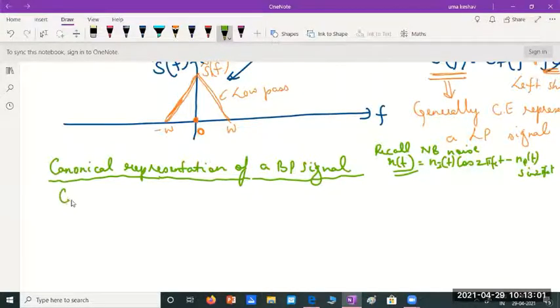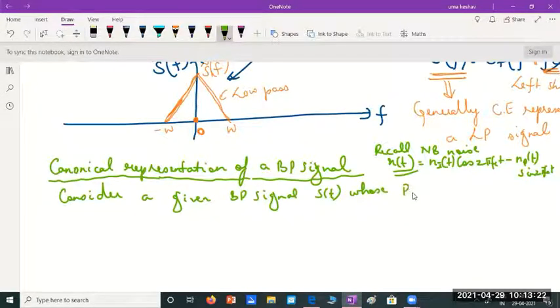So consider a given bandpass signal S of t whose pre-envelope is S plus of t and complex envelope is S tilde of t.